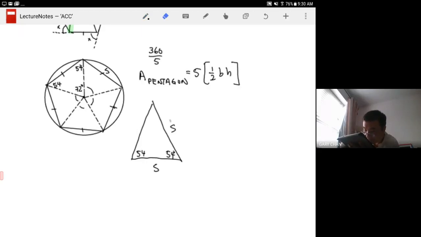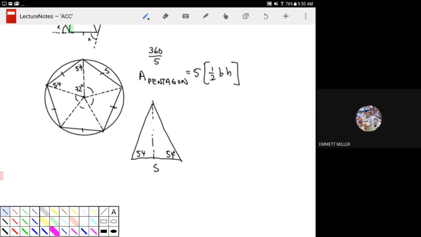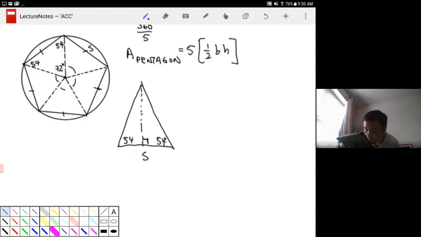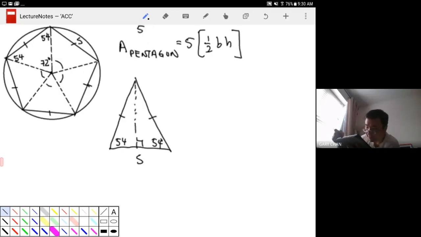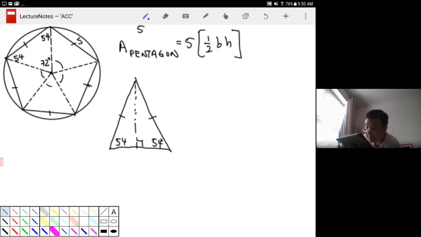Those are some other unknown side length, R. That's the length of R. But I don't want to introduce something else that I don't know. If I draw in the altitude right now, like so, and again, this is an isosceles triangle, what's going to happen with the base? Is the base going to be bisected or is it not going to be bisected?